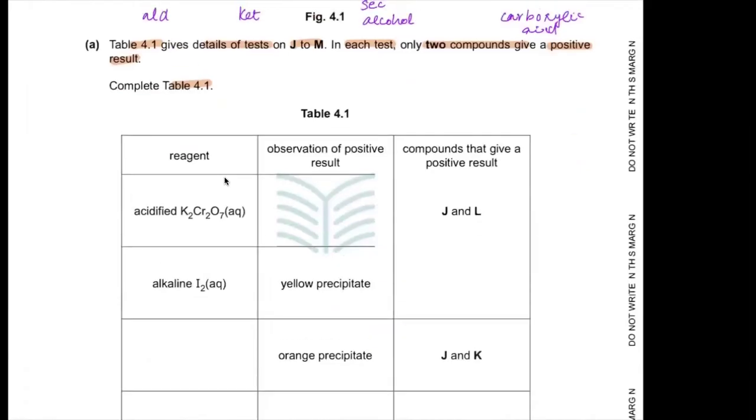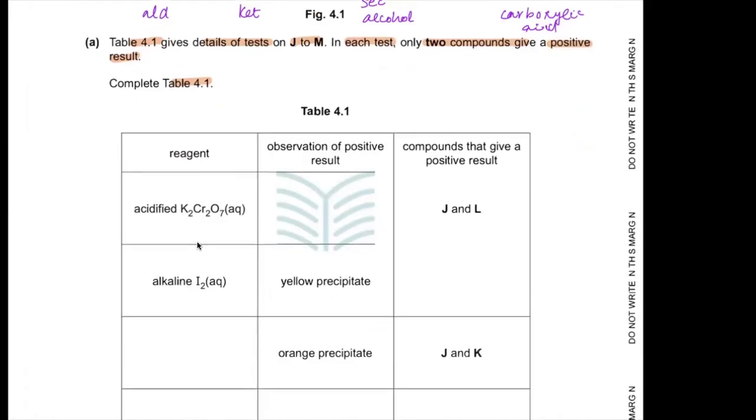So when the positive test is with dichromate, we are going to observe the solution color change from orange to green. With aqueous iodide, yellow precipitate.